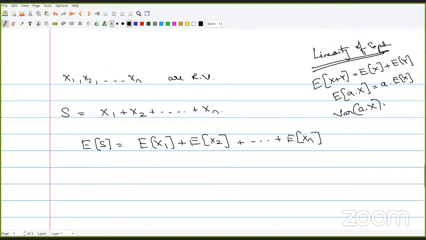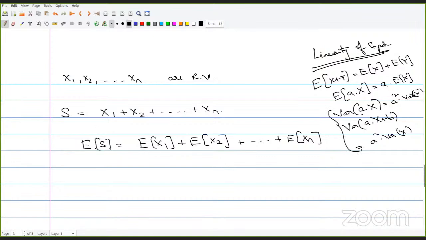Variance of a times X will be a squared times variance of X. And what else? Yeah, variance of a constant is 0. So variance of a times X plus b will be a squared times variance of X only. Okay, so these are the linearity of expectation and some properties of variance.